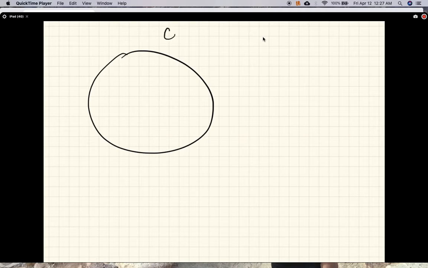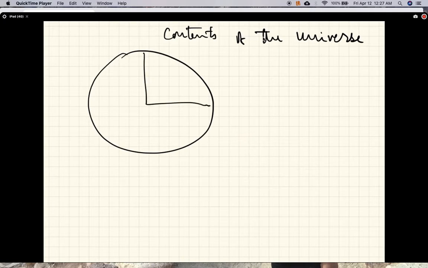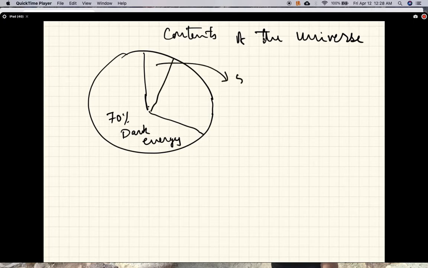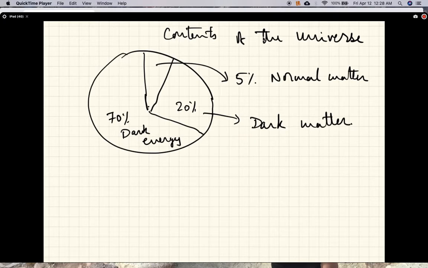Here is the pie chart, the contents of the universe. 70% is dark energy, 5% is normal matter, and roughly 20% is dark matter. Okay, that ends this problem.